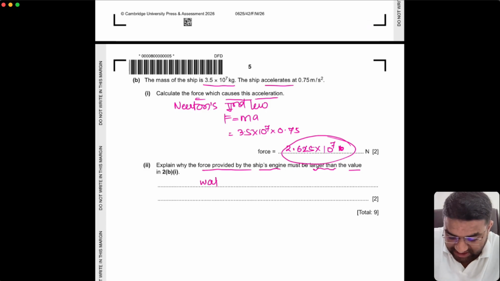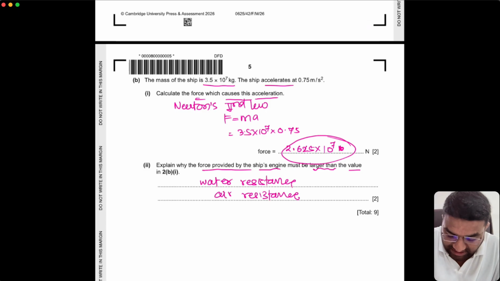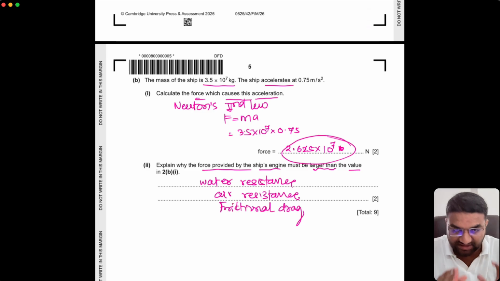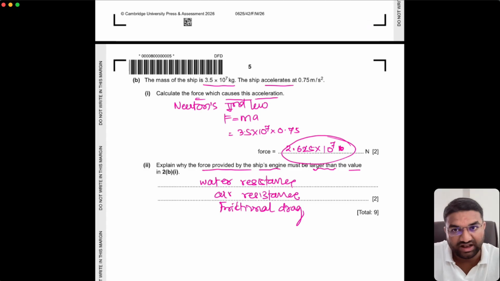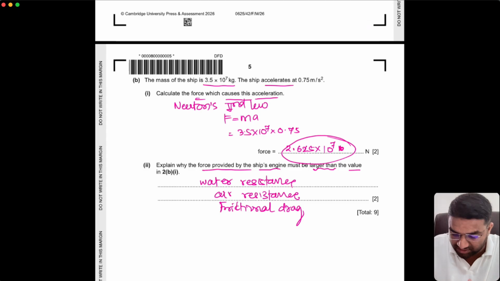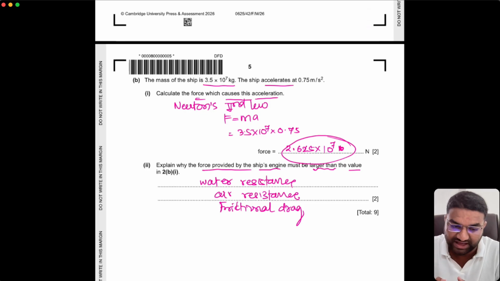You can write it like this: the engine force must be larger because some force is used to overcome the water resistance, air resistance and frictional drag, and the resultant force must cause the acceleration. That's the reason.